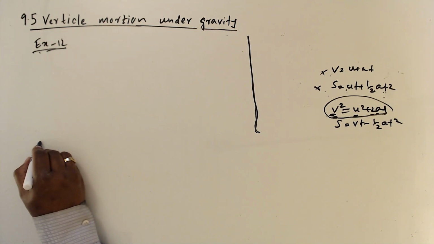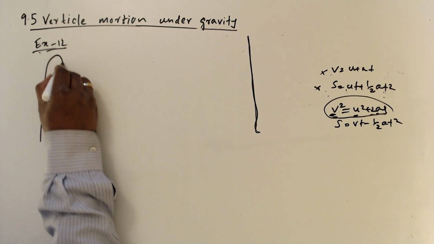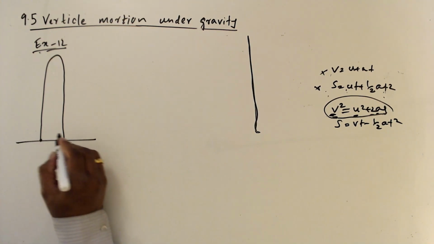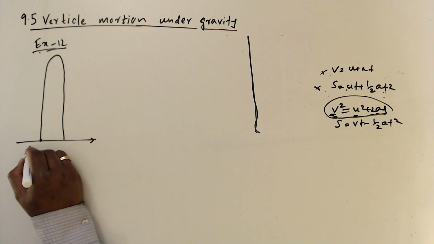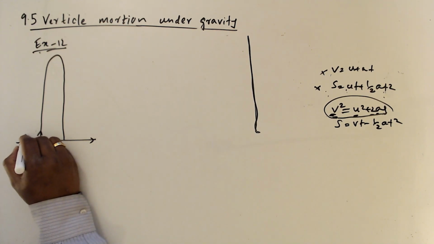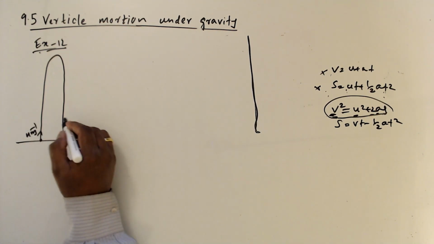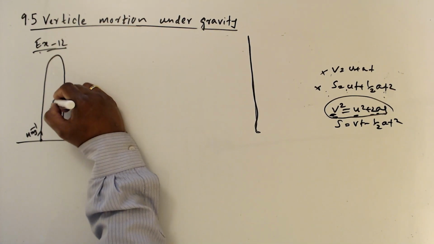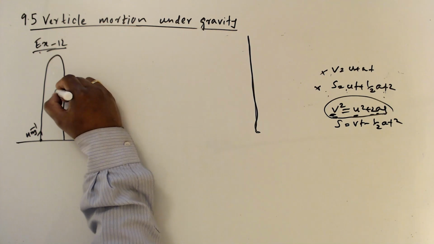So let's go like this and come back like this. This is the O. This is thrown with u ms^-1. The maximum height is given, 62.5 meter.